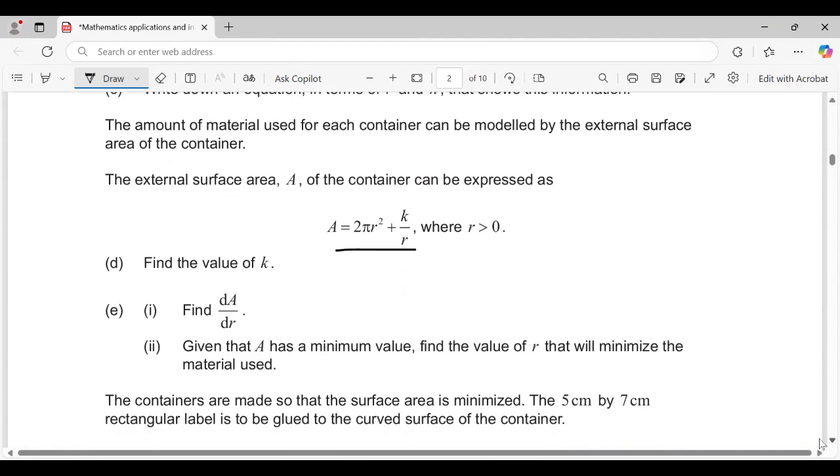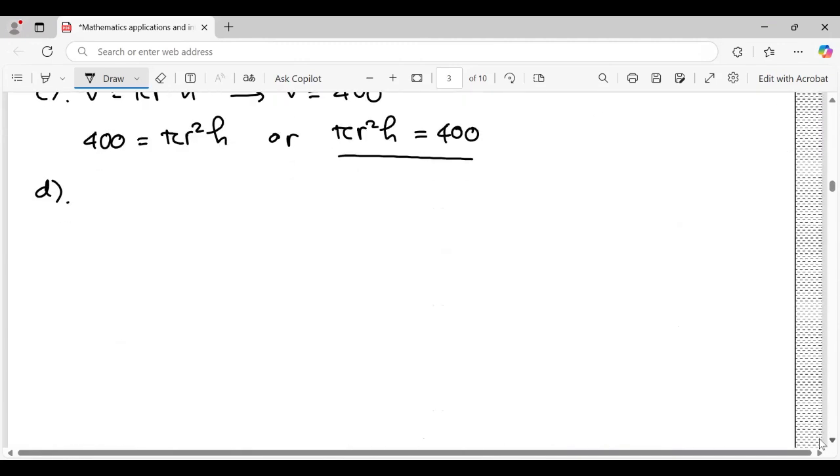Find the value of K. So the value of K, we can determine from part C, where we have the information that pi R squared H equals 400. So H equals 400 over pi R squared. That's one.